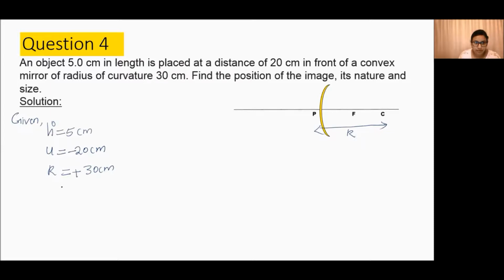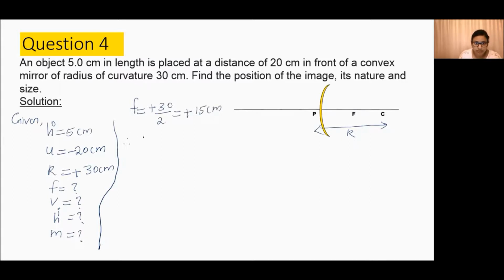And we need to calculate focal length, image distance, and height of the image, also its magnification. So what is focal length here? F is equal to plus 30 divided by 2, which gives you plus 15 centimeter focal length.